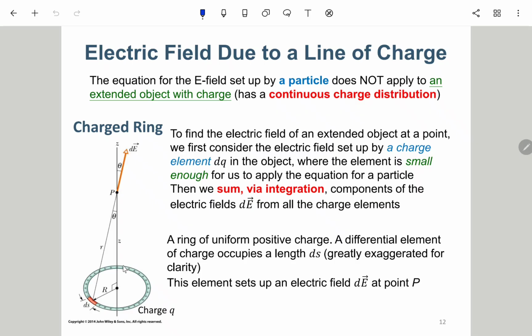Actually, it's a ring. For this one you don't necessarily need to use calculus, but it is an example to get you familiar with how to apply calculus. Maybe you don't need calculus at all, you just need some multiplication.